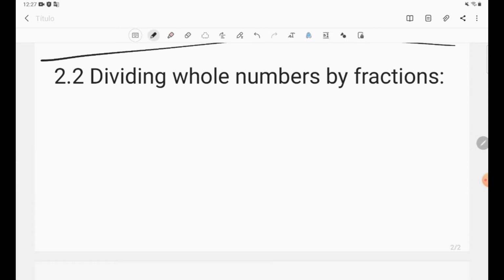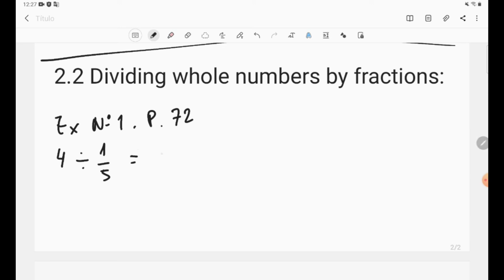For example, exercise number 1, page number 72. Here we have 4 divided by 1/5. As you see now, the whole number is first and the fraction is after. Before we learned how to divide a fraction by a whole number, but this time it is the opposite.